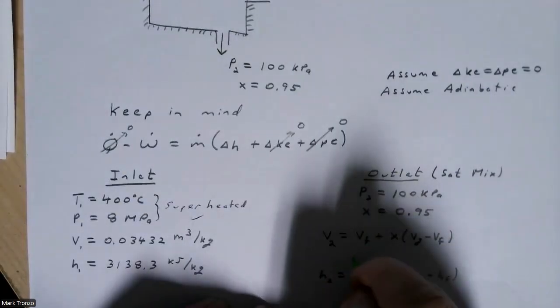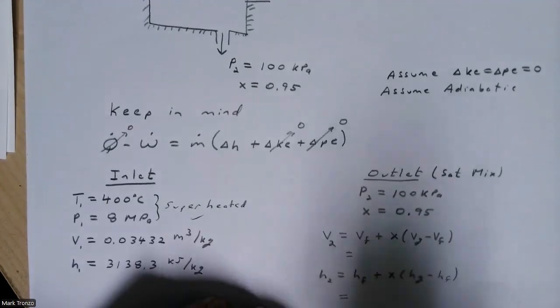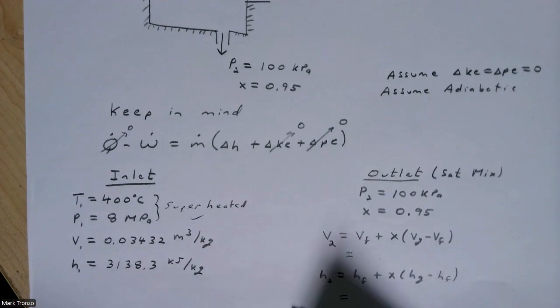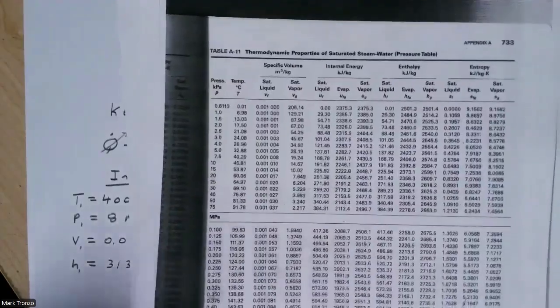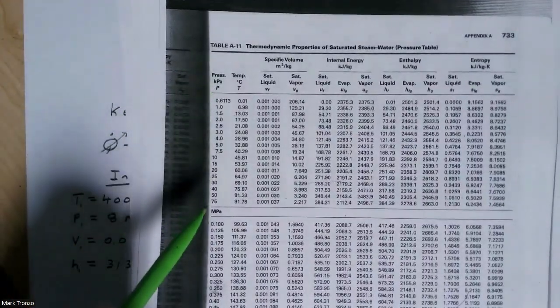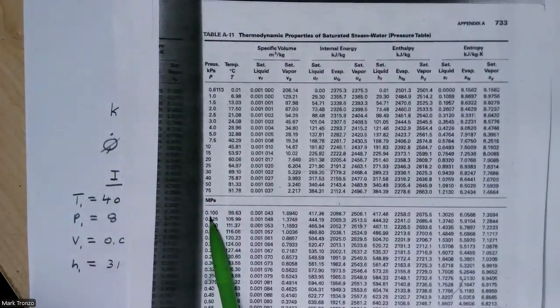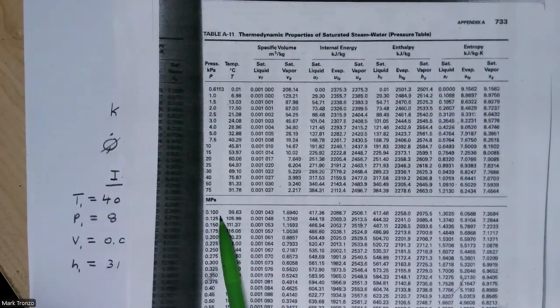So we'll look up our values in our table. Again, we're at 100 kPa. So we're looking at our table over here. Under kPa, it only goes to 75, but over here in MPa, it'd be 0.100 MPa.